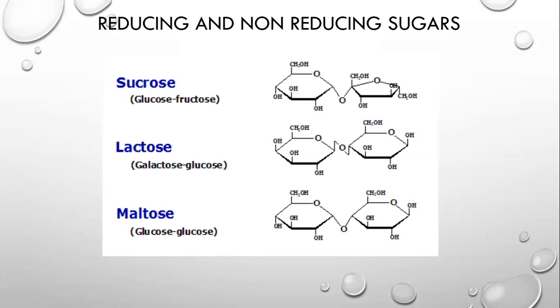What do you mean by anomer or anomeric carbon? Anomeric carbon is a carbon atom that is attached to four different groups, four different functional groups. It means this, see, this is your carbon.